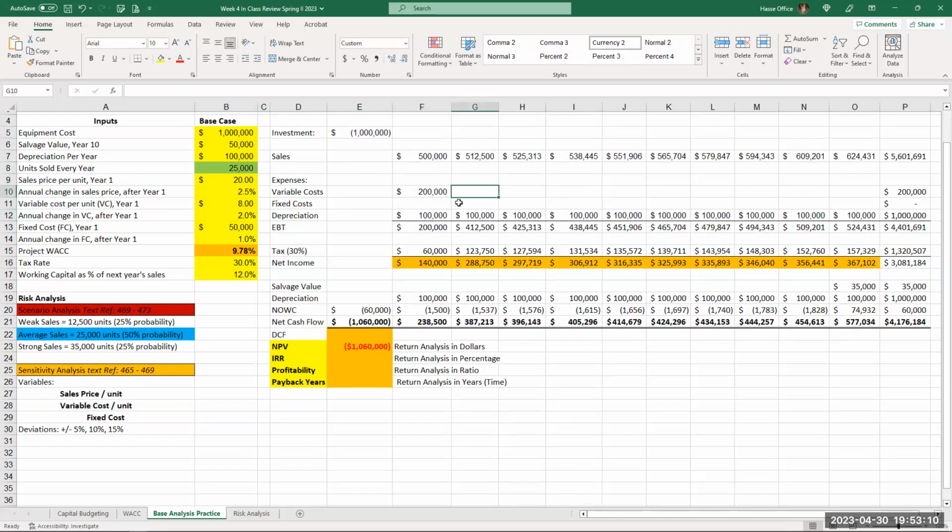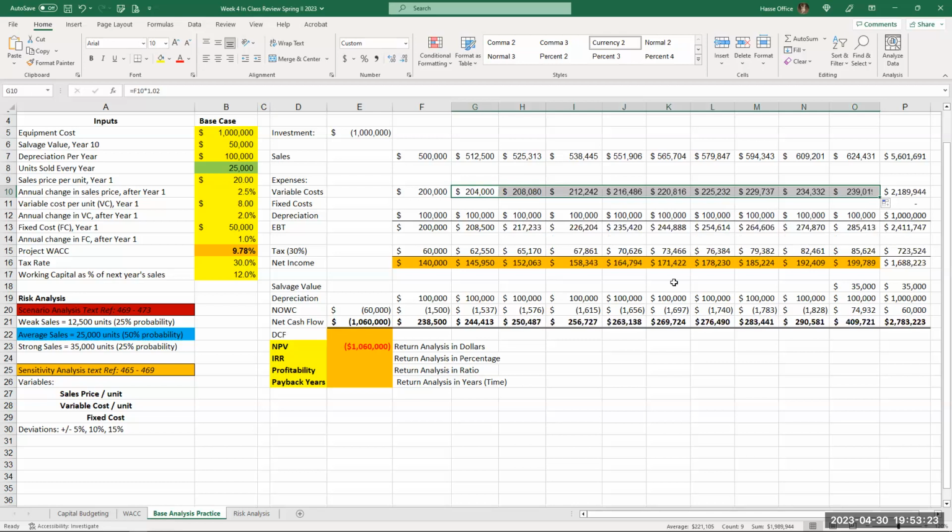So now I'm going to make that 200,000 increase by 2%, 1.02, and slide that and increase that 2% every year. And there's my total variable costs of $2.190 million.